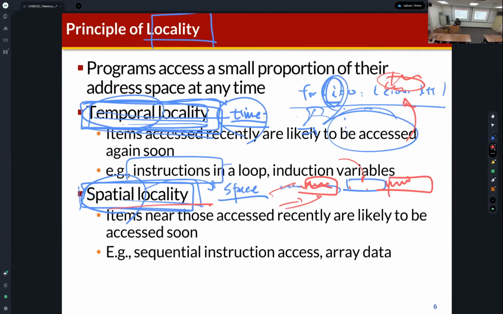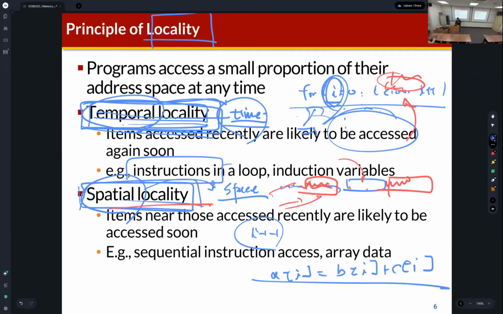Like this, A[i] equals B[i] plus C[i]. We frequently use array computation, and when this array is computed, i is also increased. Then we can find that when A[0], the first element, is accessed, in the near future we can estimate that A[1] will be accessed. It's near data, neighbor data.